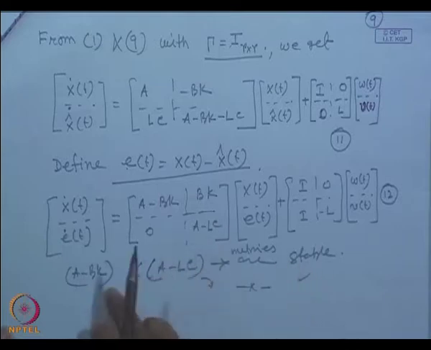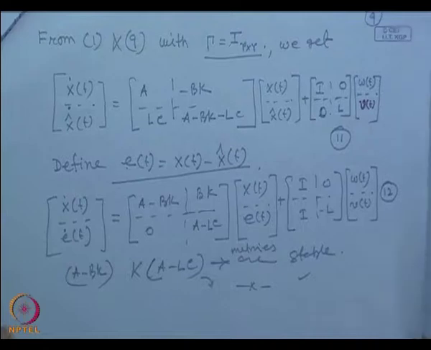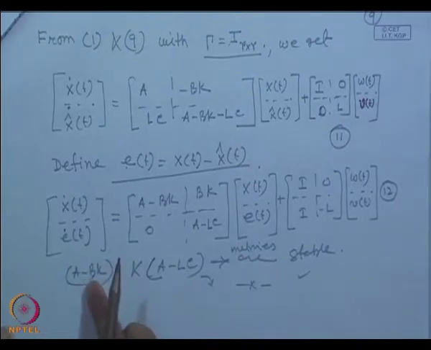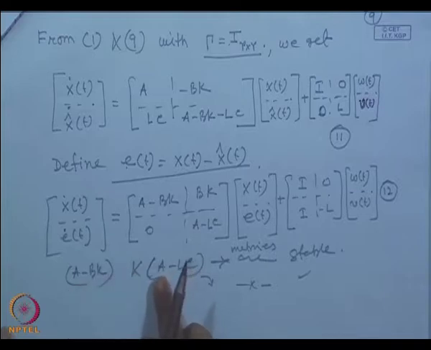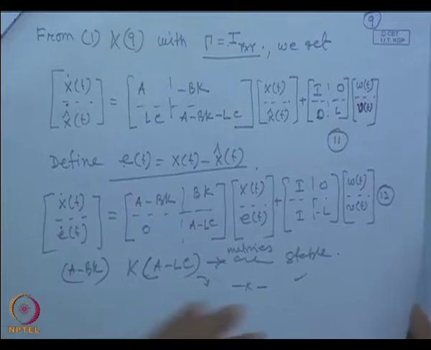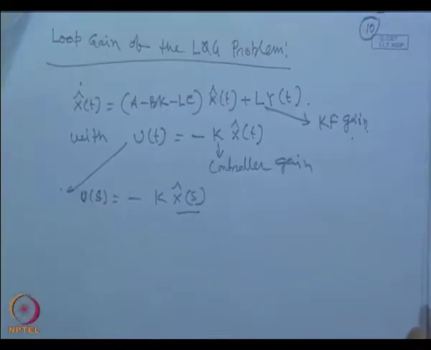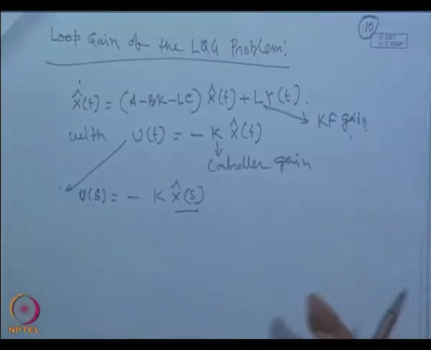One does not depend on the other. So A minus B K can be designed independently from A minus L C of the Kalman filter gain. Both the controller gain and the Kalman filter gain can be designed independently. That means the separation principle holds.